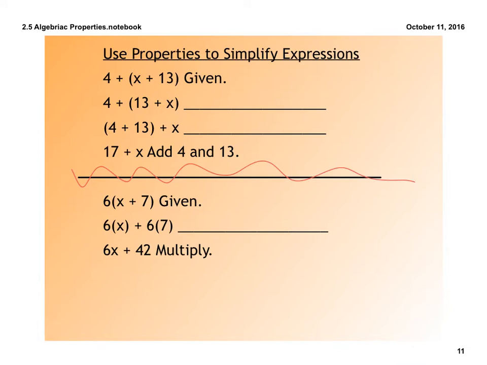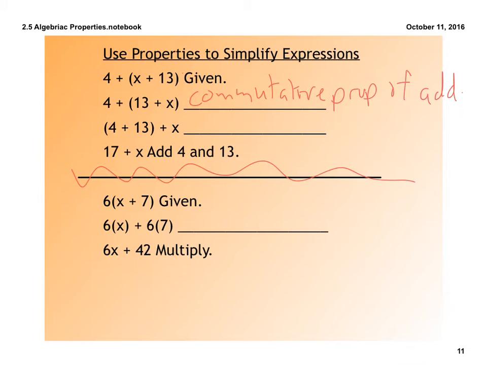So in the top, what happened? Did we change the order or did we change the grouping? Well, in the parentheses we changed the order, so that is the commutative property of addition. And you should get in the habit of specifying that it's for addition.